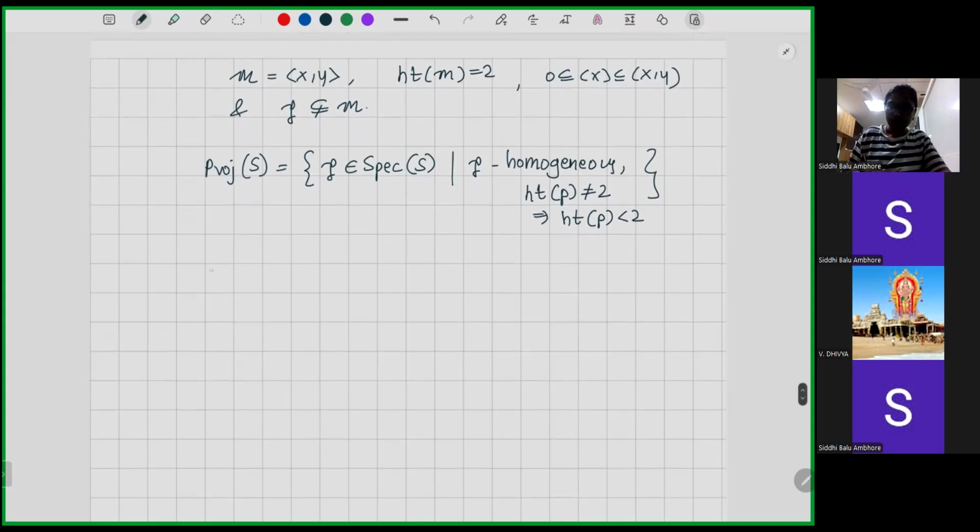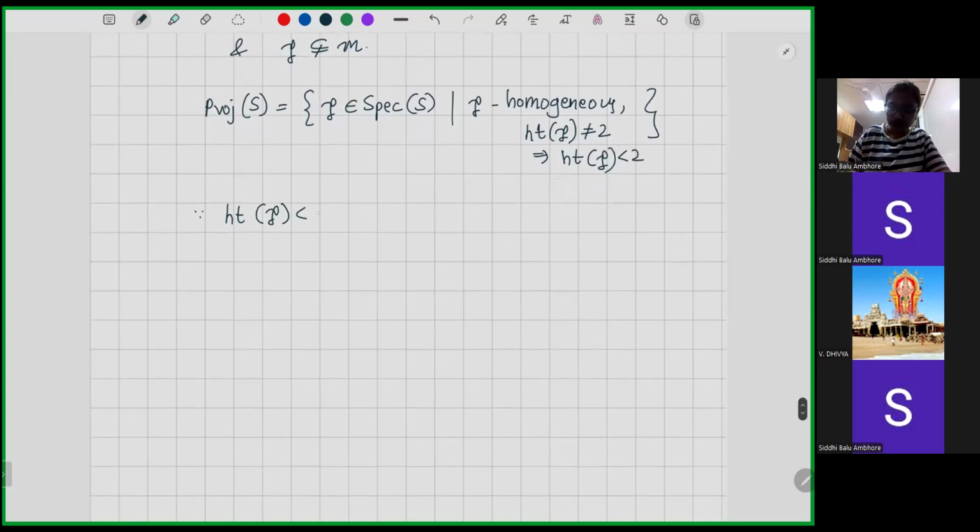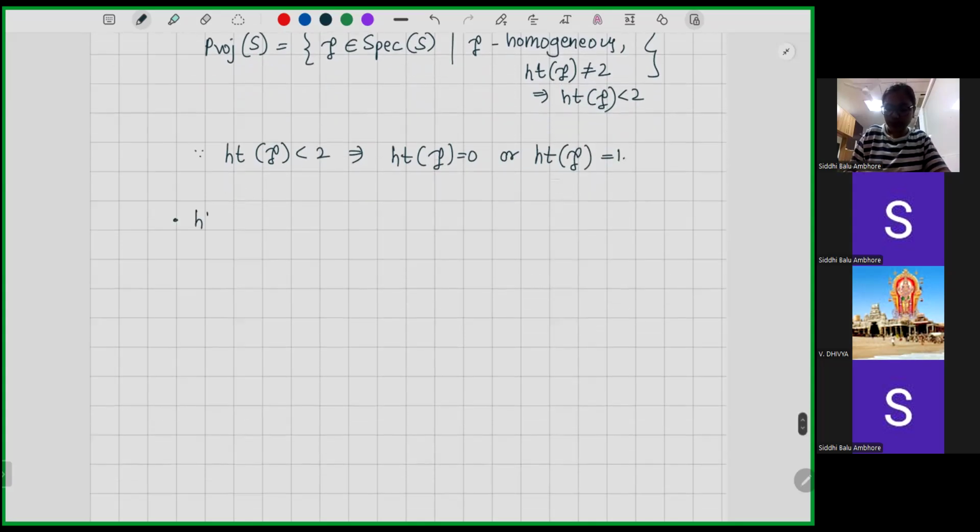Okay, so since the height of P is now less than 2, this implies that the height of P is either 0 or 1. Okay, so the case where the height of P is 0, so we want height 0 prime ideals. So height 0 prime ideals means what?